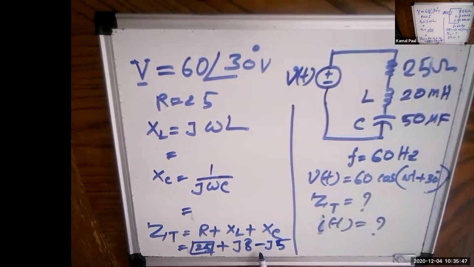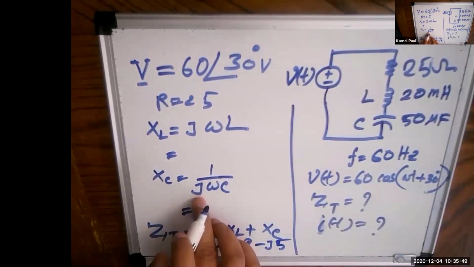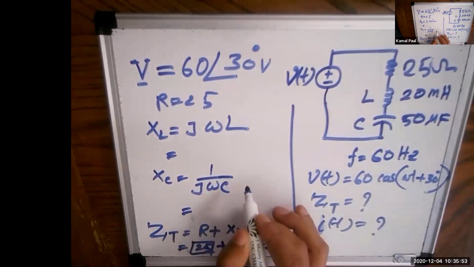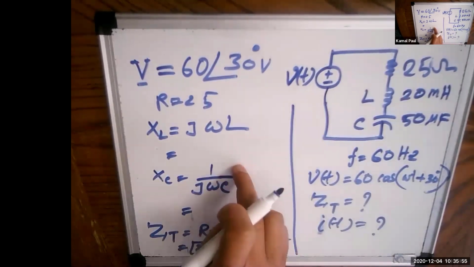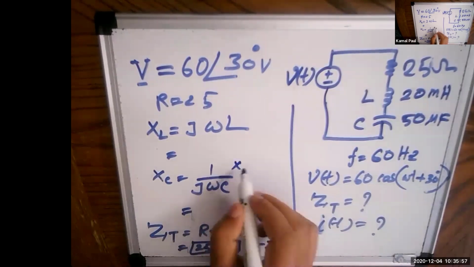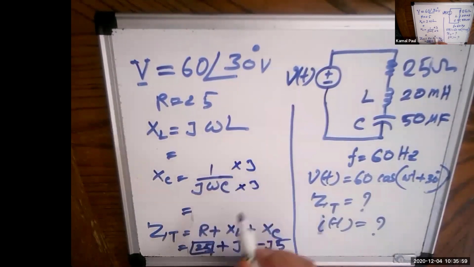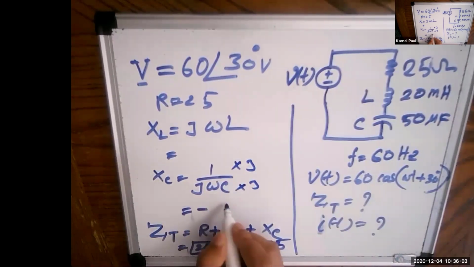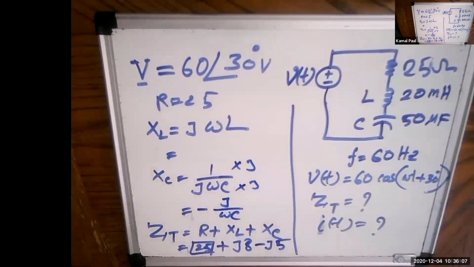Why is this? Because when j comes in the denominator and we multiply j at the top and j at the bottom, we get j squared at the bottom, which makes it minus 1. So that's equal to minus j over omega C.